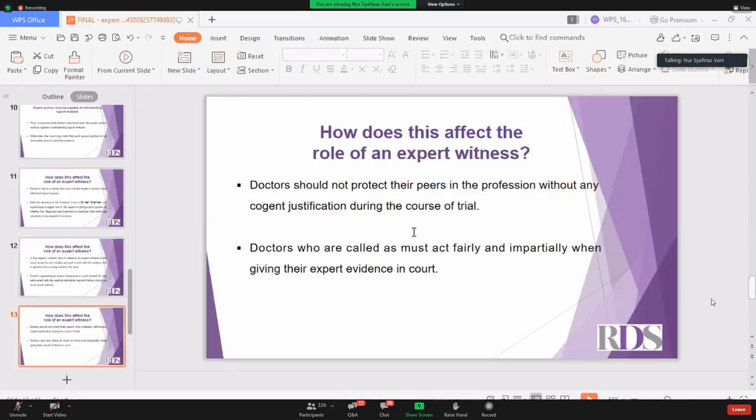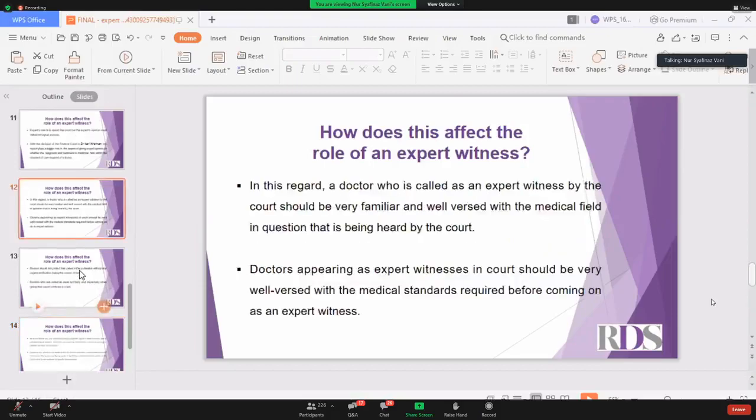So then our issue here is, what do we do when we are calling an expert doctor, an expert opinion? The doctor is coming in to give evidence. The main thing here is that it's no more a question of whether expert A says this, expert B says this. A doctor who is called as an expert must be very, very familiar and well-versed in the medical field in question.